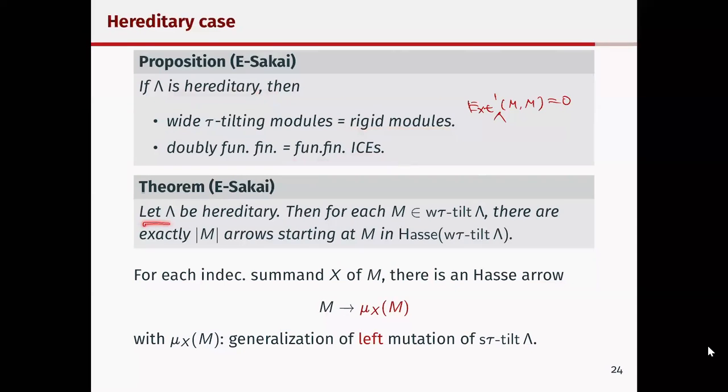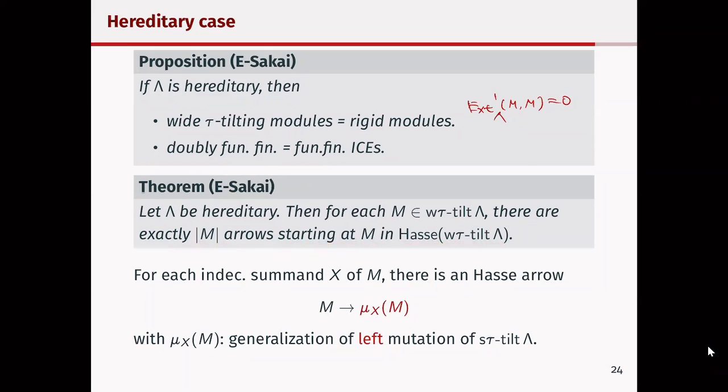Let lambda be a hereditary algebra. Then for each wide tau-tilting module, or in this case just rigid module M, there are exactly m arrows, where m is the number of indecomposable summands, starting at M in the Hasse quiver of wide tau-tilting modules.